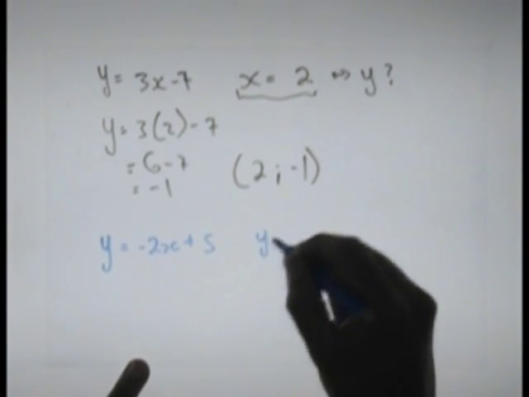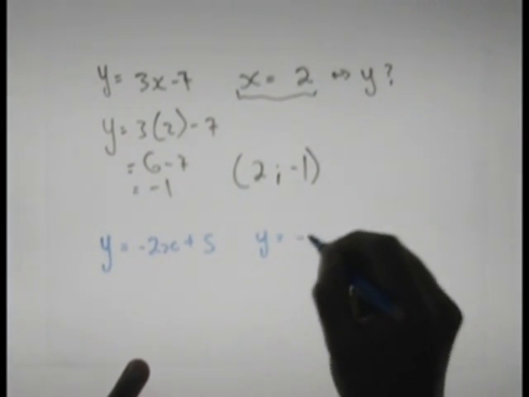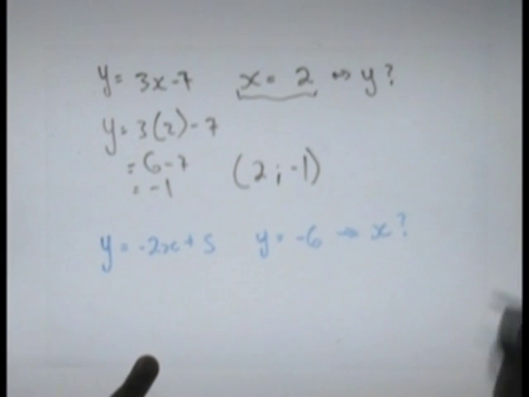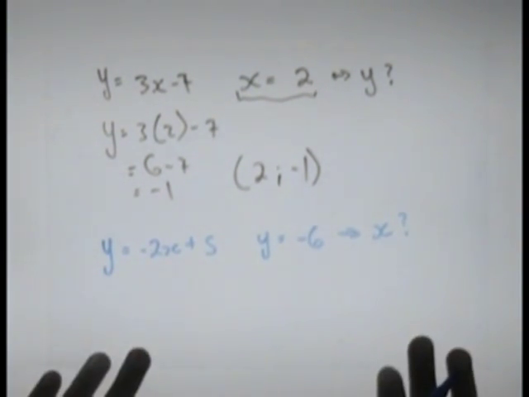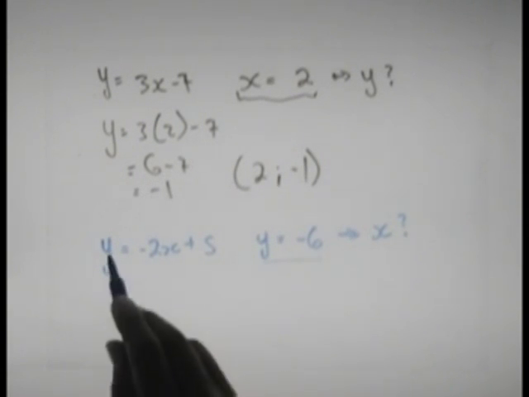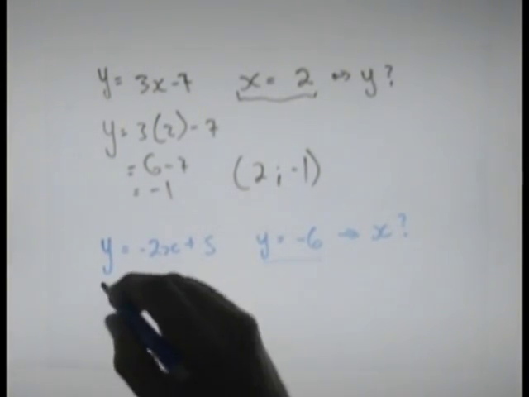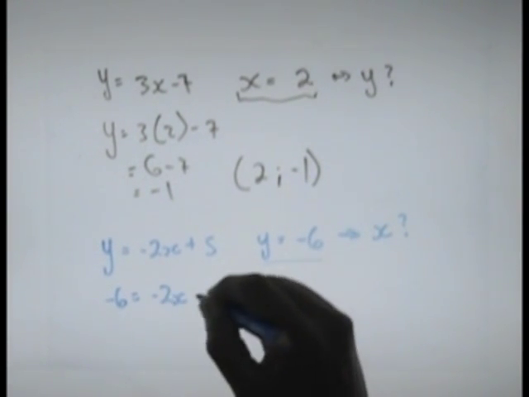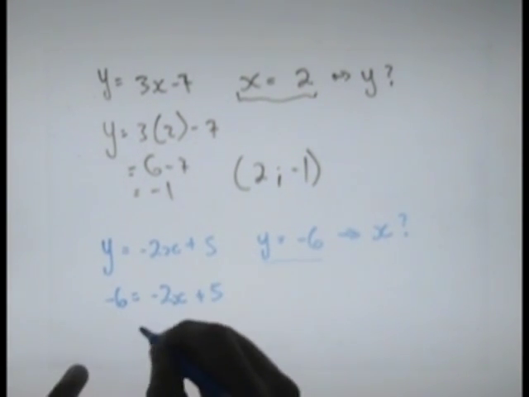And I also told you that our y value is equal to -6, and I want the corresponding x value. Again, easy to do. All I do is substitute that -6 into the y. That means that -6 is equal to -2x plus 5.